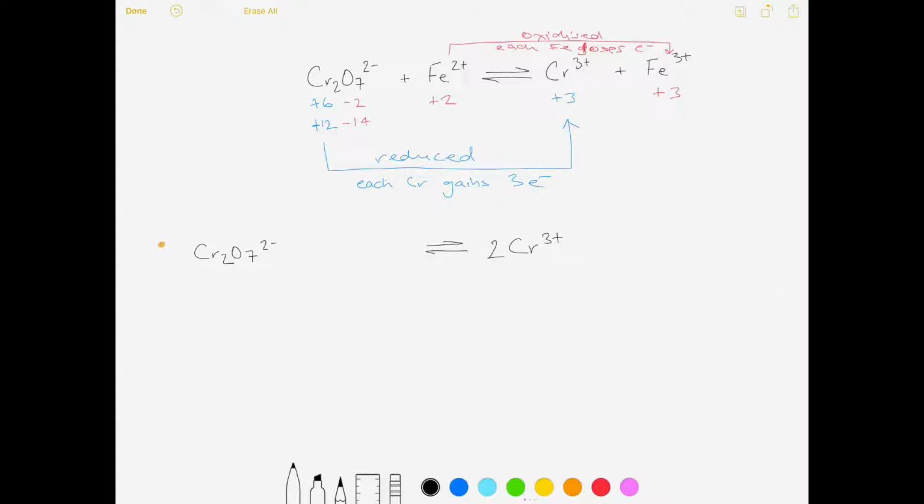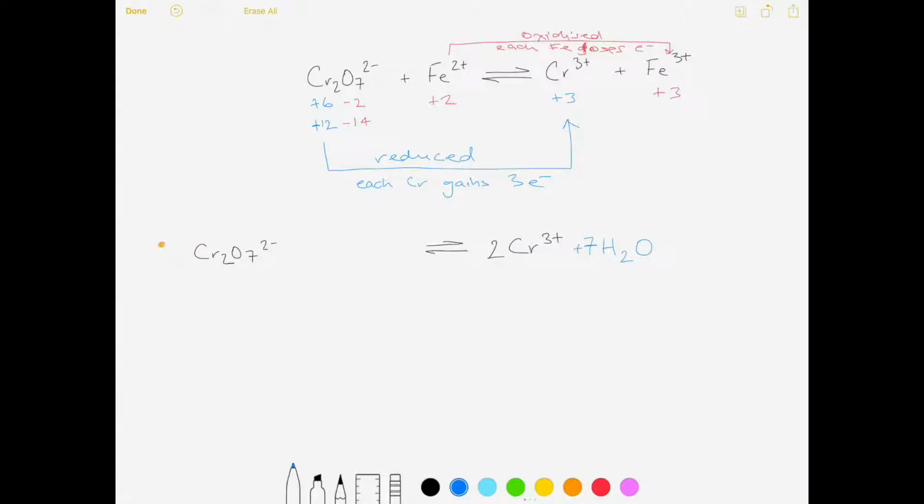But there's another conundrum here. We have an O7, and there's nothing on the right hand side to balance it out. So this is where the water molecules come in. We can add in H2O, and that provides the oxygen to balance out. If you notice, there are 7 oxygen atoms on the left, so we need 7 water molecules.